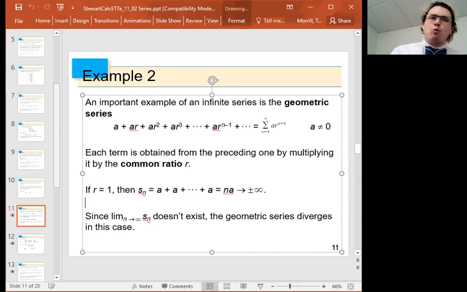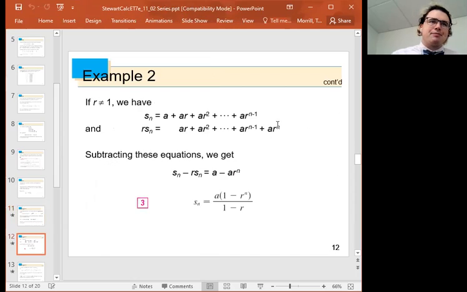So what this tells us right away is that if this common ratio R is equal to 1, then the series diverges, right? There is no numerical value we can assign to that.